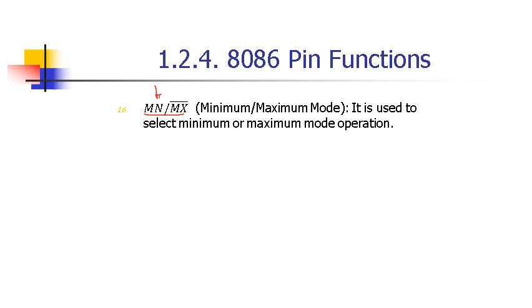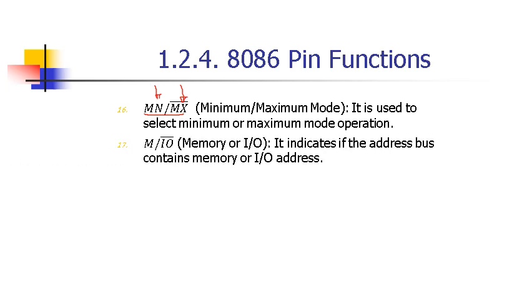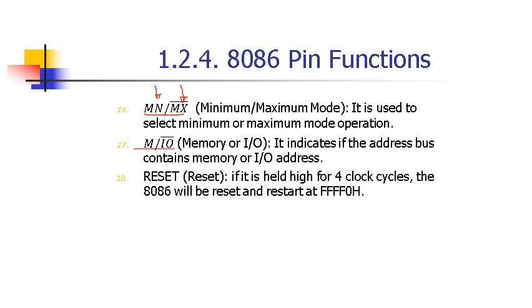If it's low, it is operating in its maximum mode. Again, high indicates memory, low indicates I/O device. Reset: if this pin is set high for 4 clock cycles, a reset routine will be executed whose starting address is at this address.